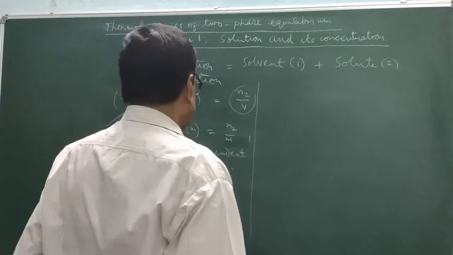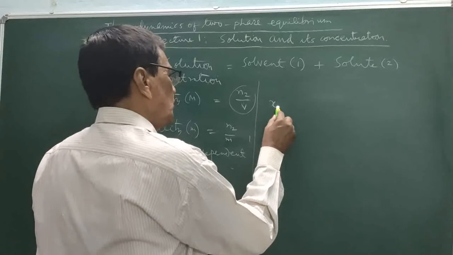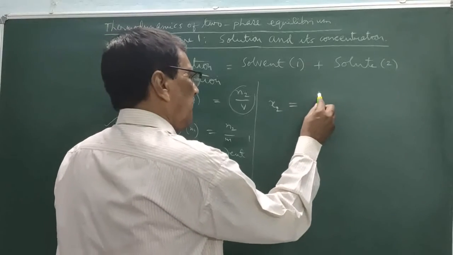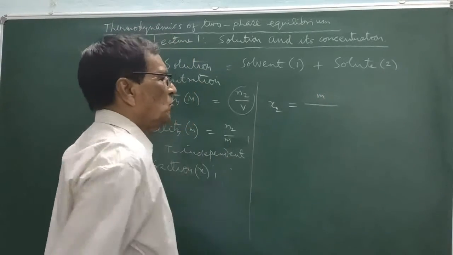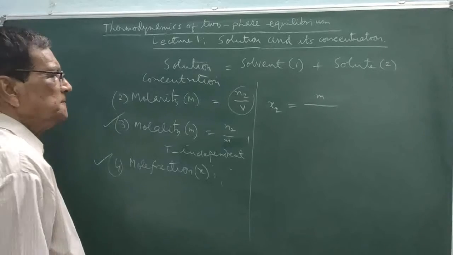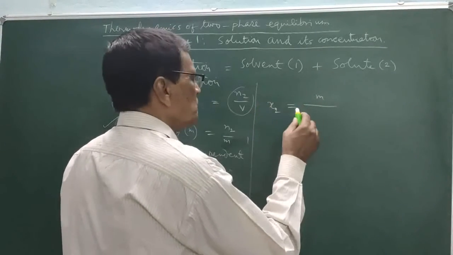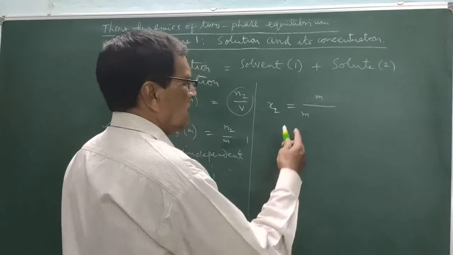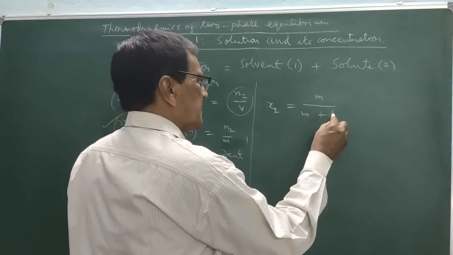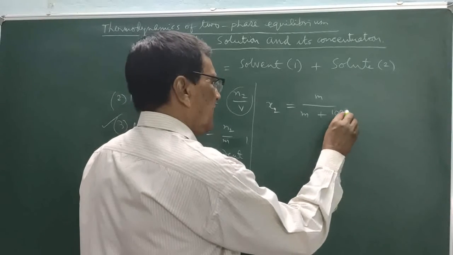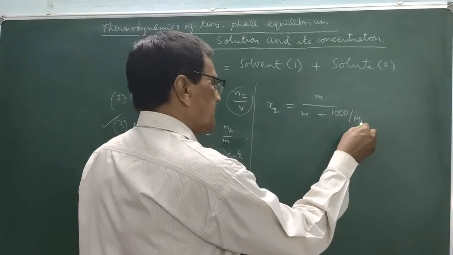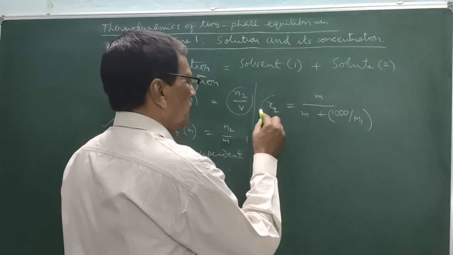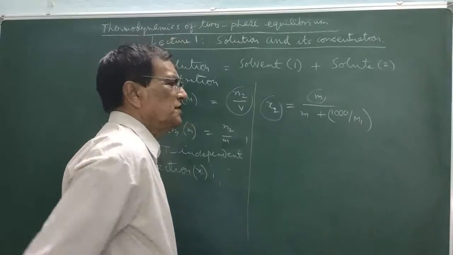And so x2, the mole fraction of the solute, will be equal to m, the number of moles of the solute, divided by m plus 1000 gram of the solvent divided by its molar mass. So this will be the relationship between the mole fraction and the molality of the same solution.